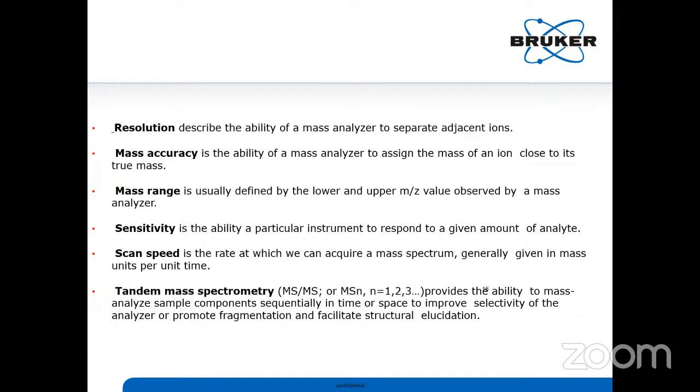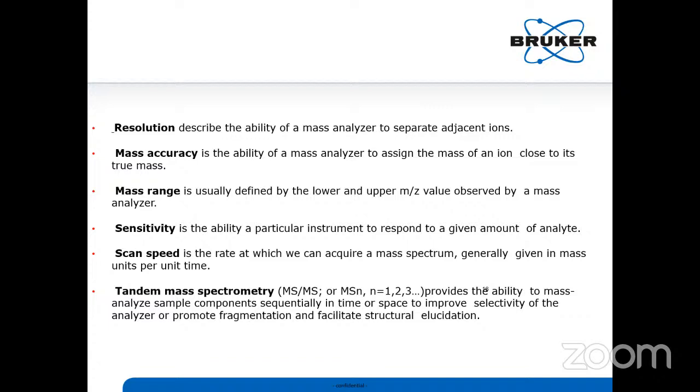Okay. Third one is scan speed. Your instrument should have the capability to scan all kinds of molecules. For example, if I'm releasing one molecule in nanosecond time, your detector will identify it very nicely and you will get a very nice peak.